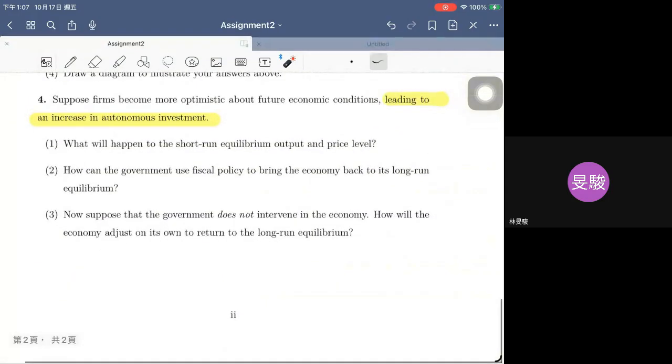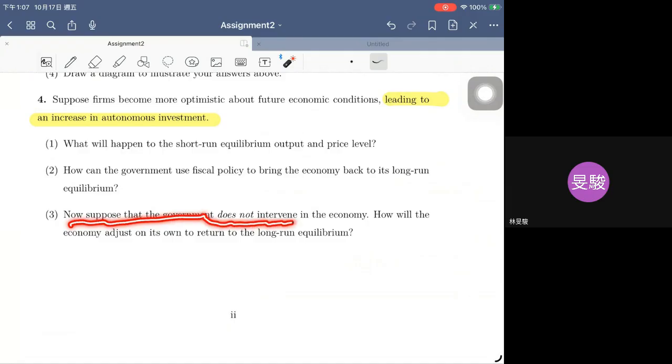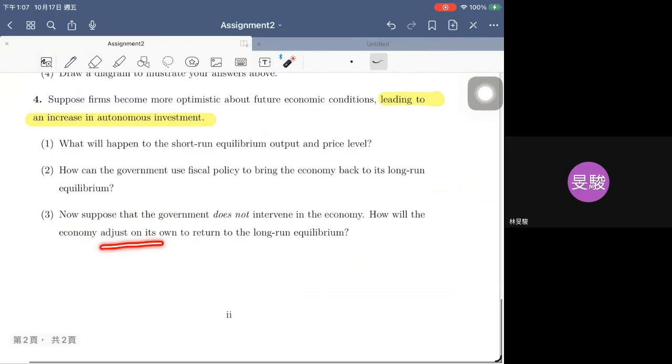And number 3. Now suppose the government doesn't intervene in the economy, how will the economy adjust on its own to return to the long run equilibrium?